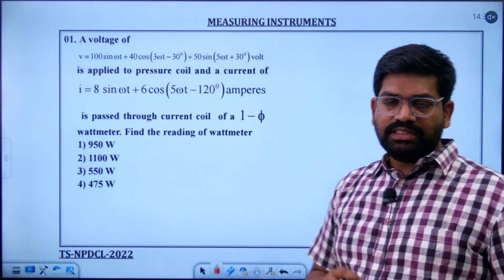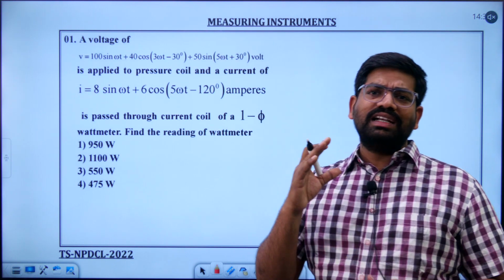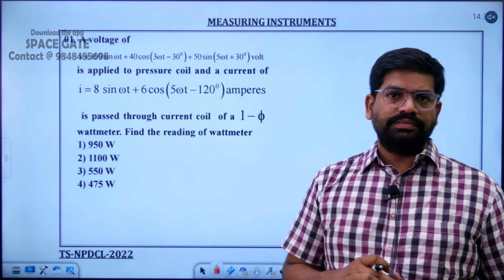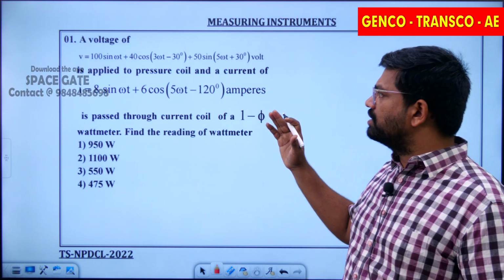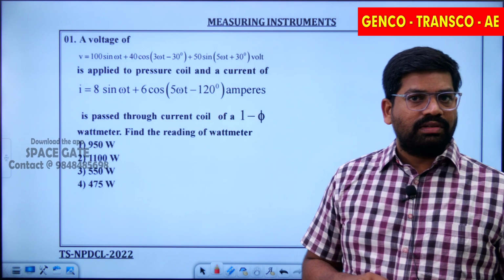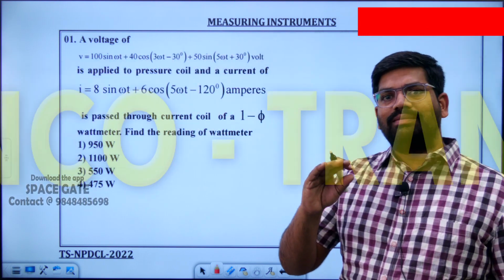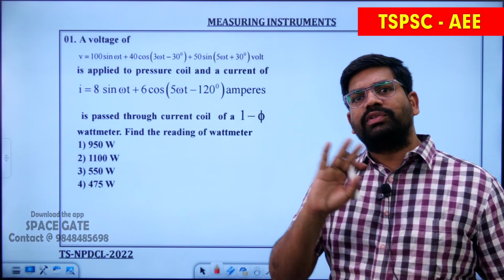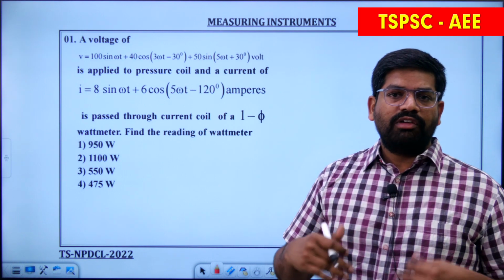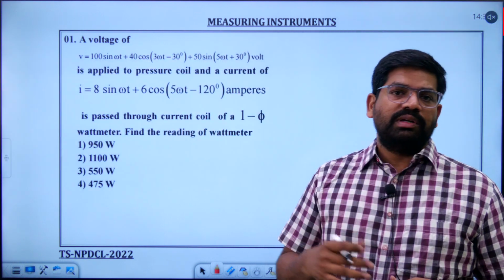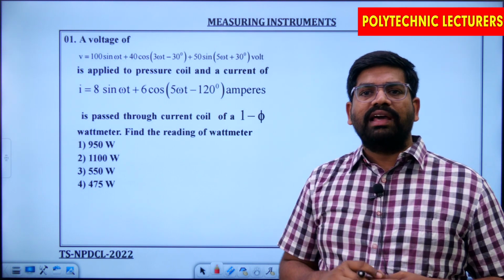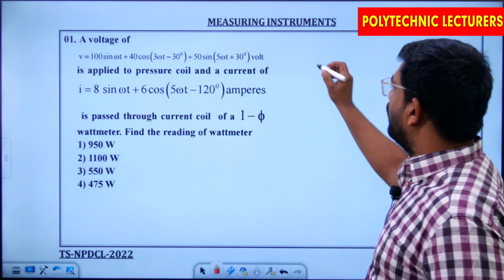A wattmeter directly gives the power consumed by the particular load. Here the load information is given, that is the voltage across the load as well as the current flowing through it. It won't measure the quantities individually, like voltage separately and current separately, or the power factor of the load. It will directly give the power consumed by the load. How do we write the power consumed?